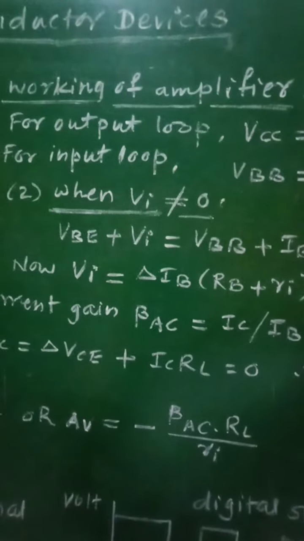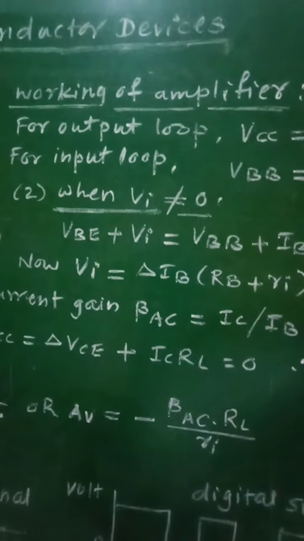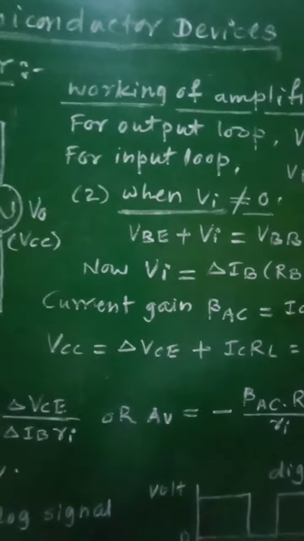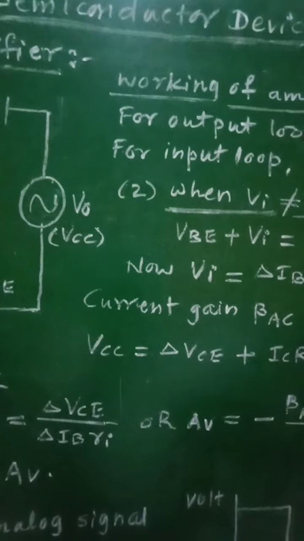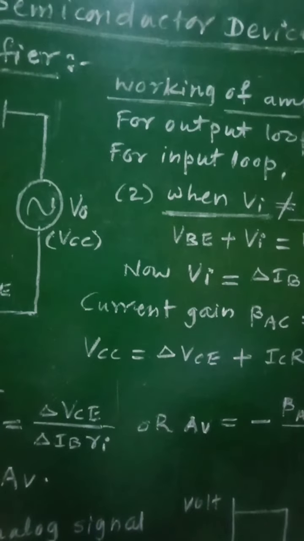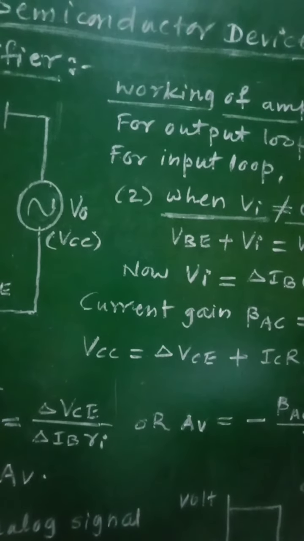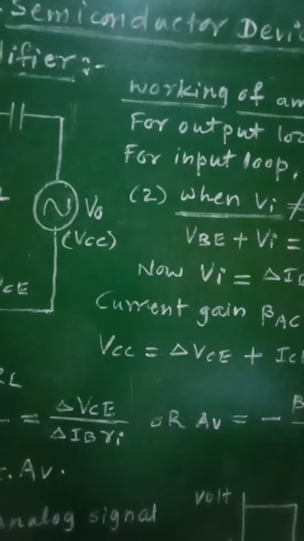Now as Vcc is constant, there is a change in voltage drop across the load resistance due to the change in base current.